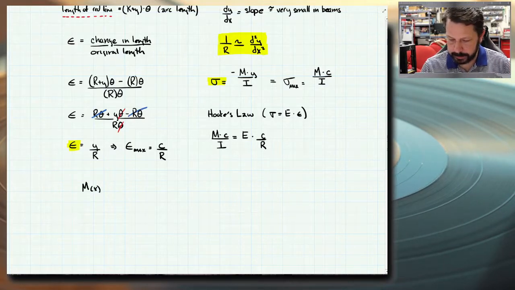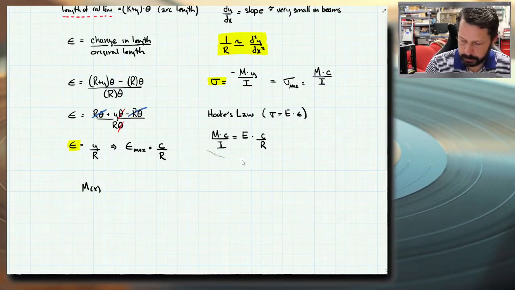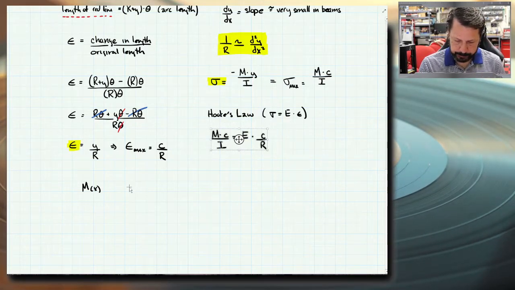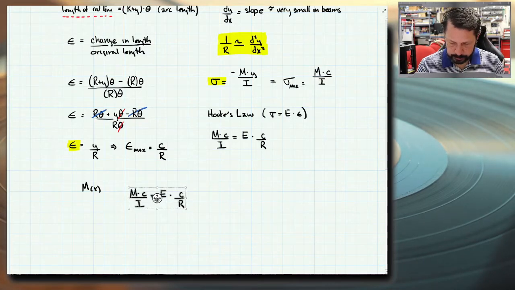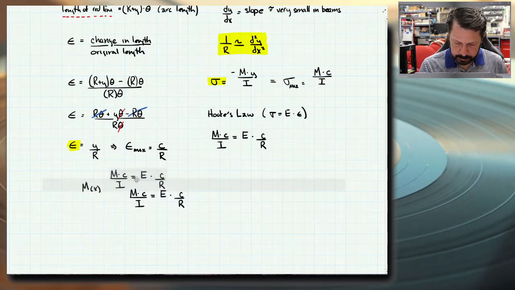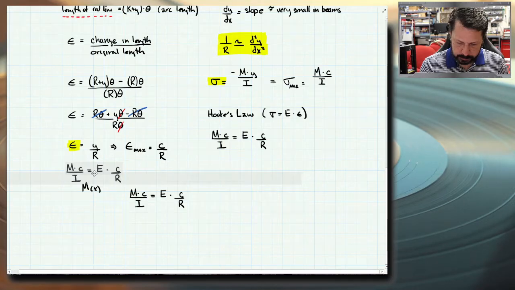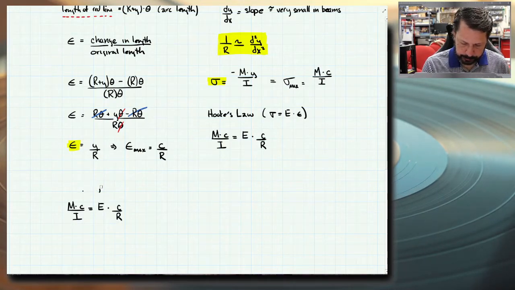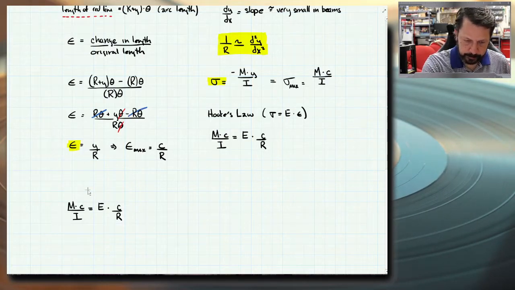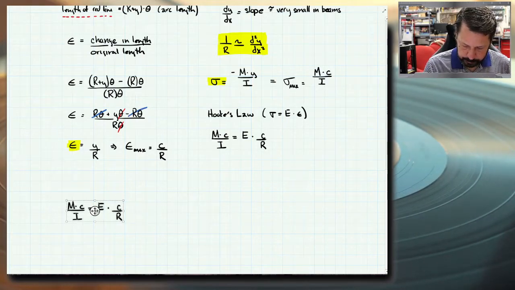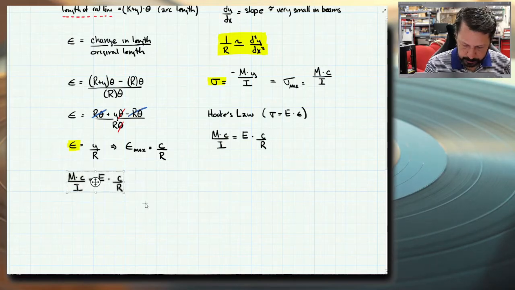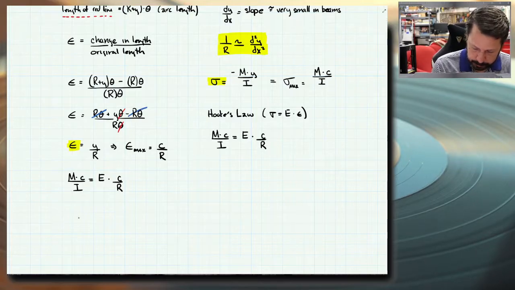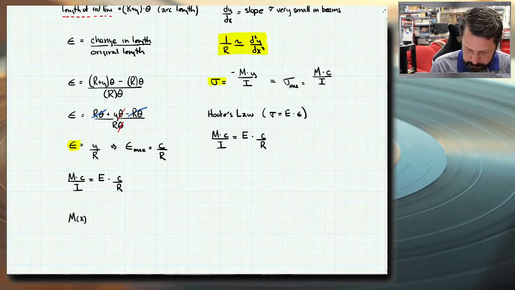Why don't we copy this so we don't get confused that that's what we're talking about. I don't have enough room for it. Let's erase this one. We'll start over. All right. So we know that M is a function of x.